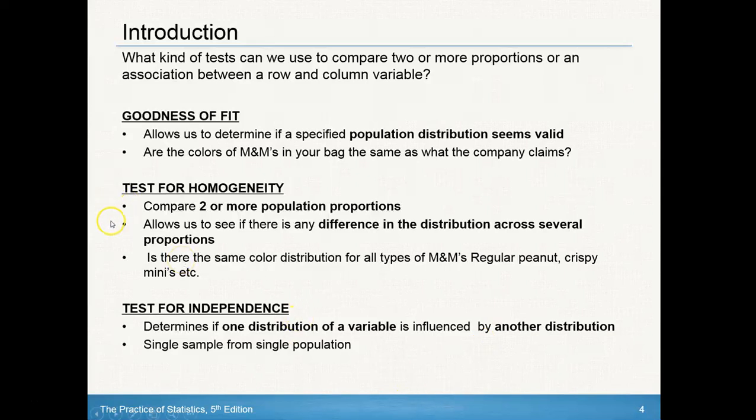So the key here with homogeneity is that there are multiple separate populations. Independence is just going to be one population. So individuals in the sample, or your single population, are classified according to two categorical variables. So for example, I would take a simple random sample of 50 students at your school.